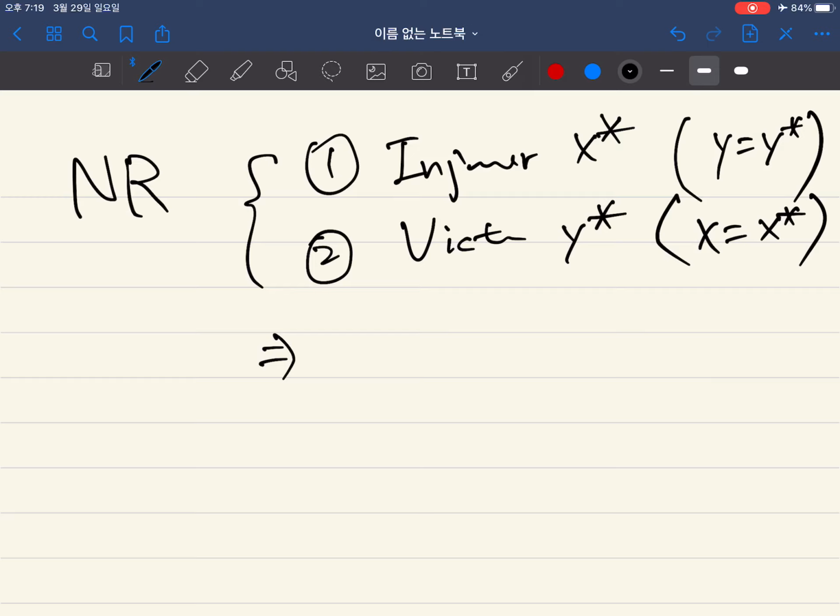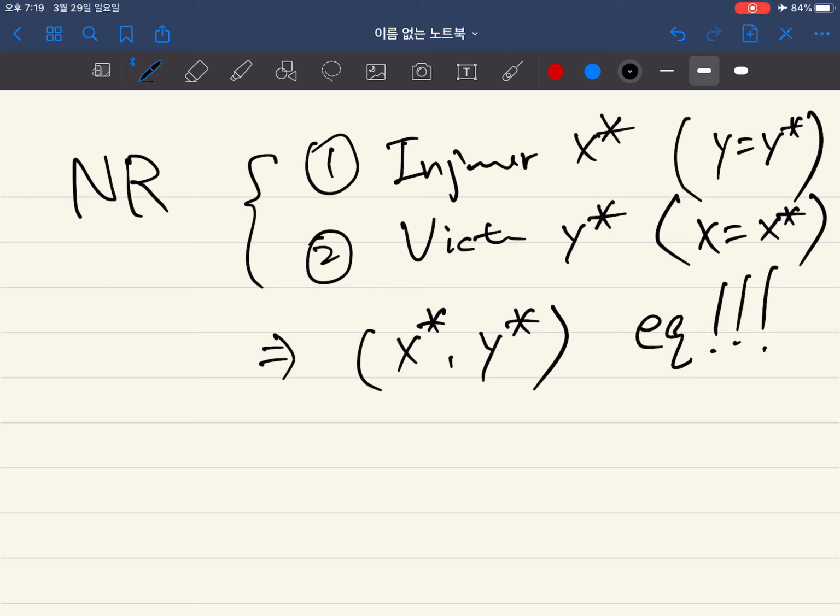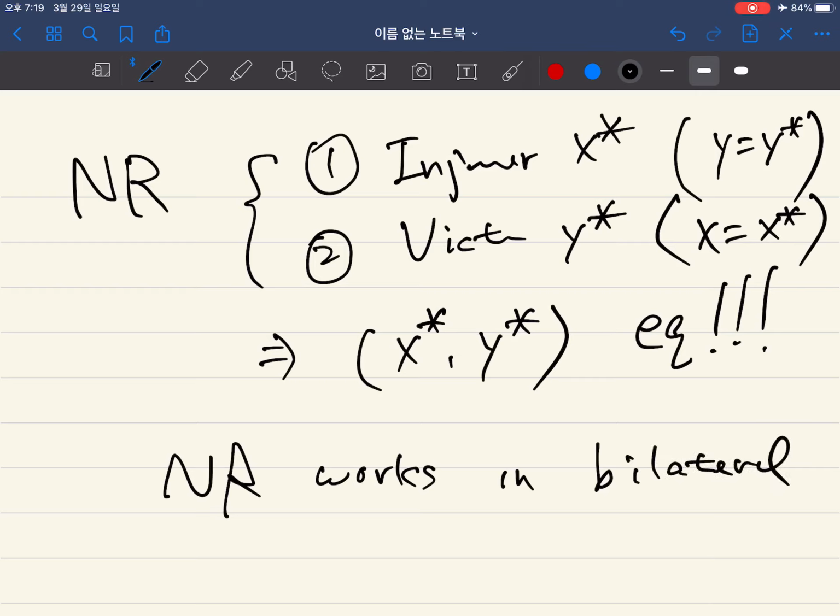Conclusion: under negligence rule, X star, Y star is an equilibrium. So by using negligence rule, we can induce both injurer and victim to choose the social optimum X star and Y star. So negligence rule works in the bilateral care situation.